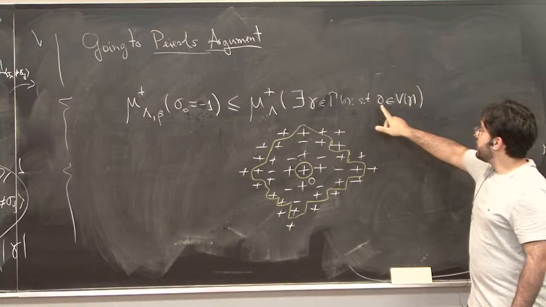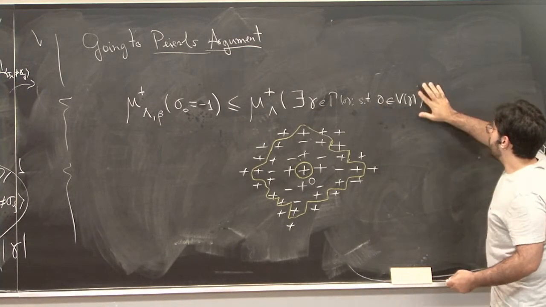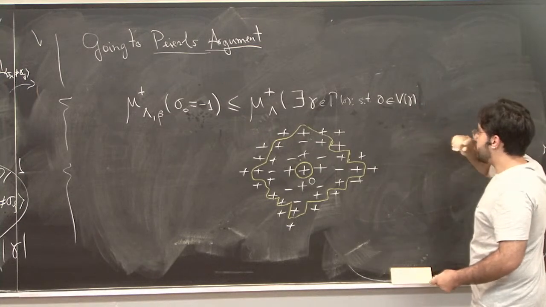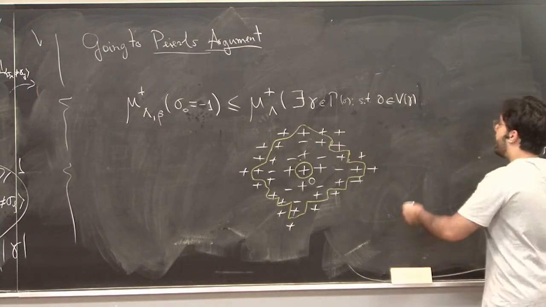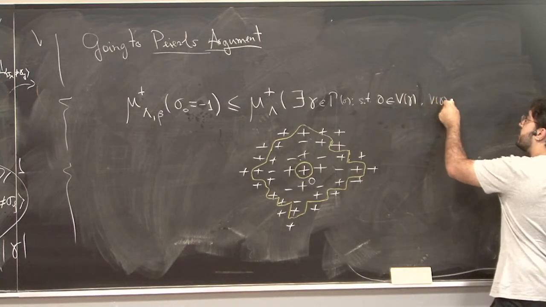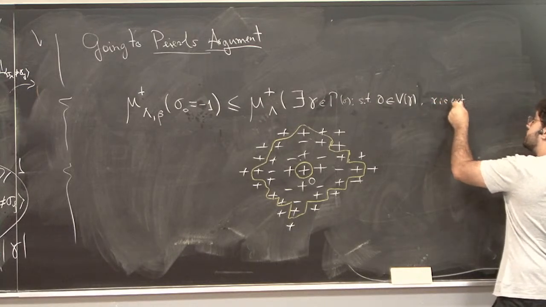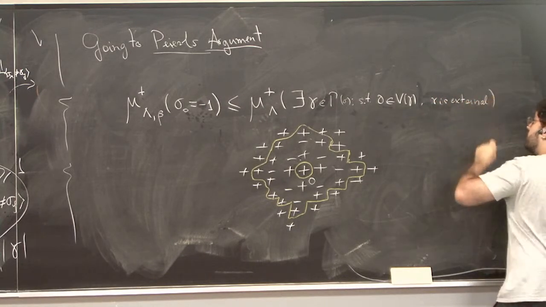I just need it to be inside some contour. So this means that in order to have an upper bound, I can have another restriction here, and the restriction is that gamma is external. And I will explain this.